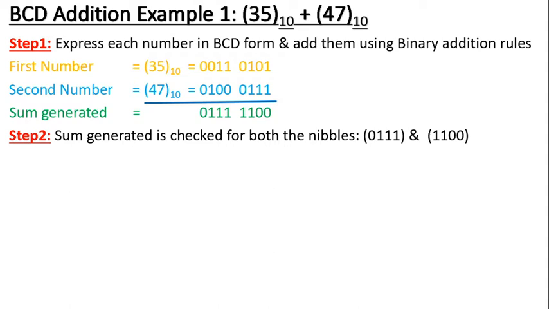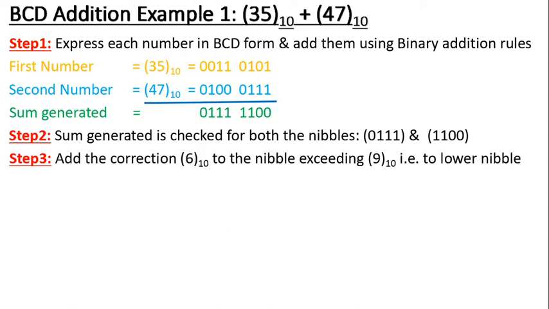And accordingly, step number 3: if a certain nibble is exceeding 9, in this case the lower nibble, then in the subsequent step add the correction, that is 6 decimal, to the nibble which is exceeding 9. Any nibble exceeding 9 needs the correction of 6 because it is a BCD addition example.